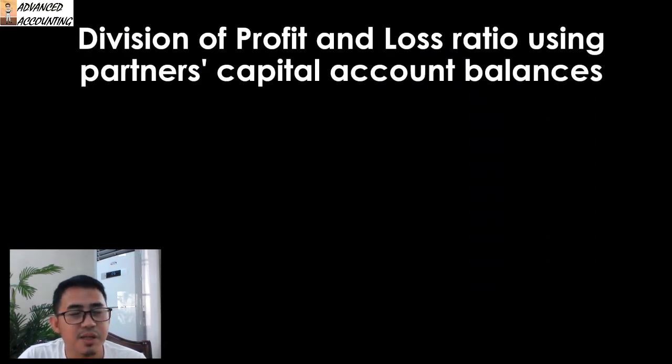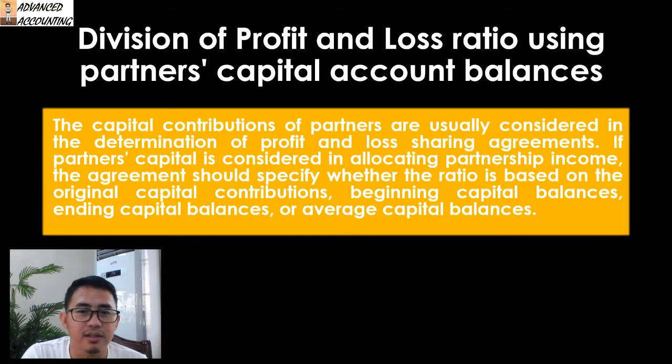the partnership could also agree that the division of profits and losses will be based on partners' capital account balances, or their contribution to the partnership. The capital contributions of the partners are usually considered in determining profit and loss sharing agreements. If partners' capital is considered in allocating partnership income, the agreement should specify whether the ratio is based on the original capital contributions, the beginning capital balances, the ending capital balances, or the average capital balances.